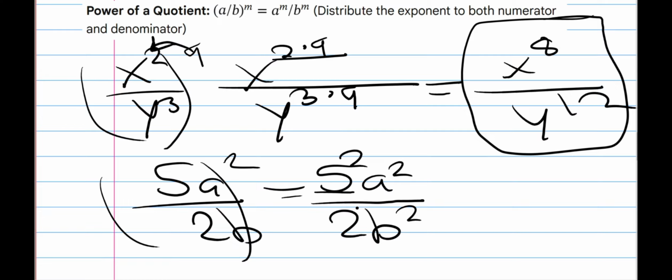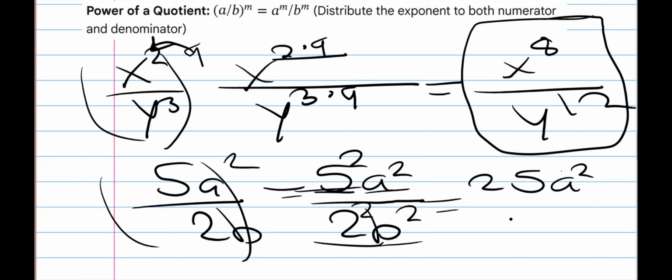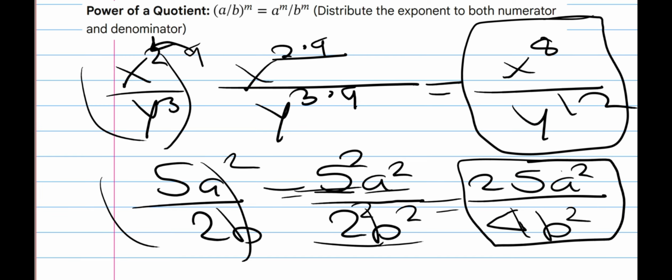Since you distribute it to the coefficients and the bases, that would give us 25a squared over 4b squared. That's the final answer. And that's all you need to know for the power of a quotient.